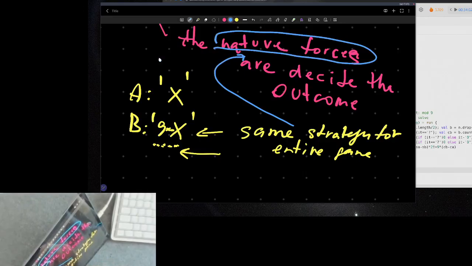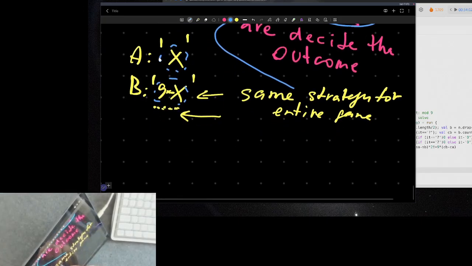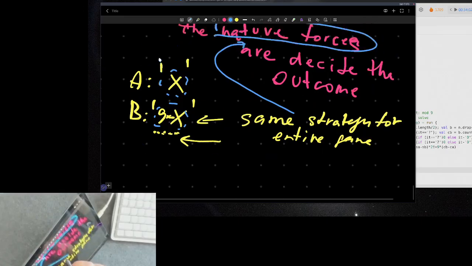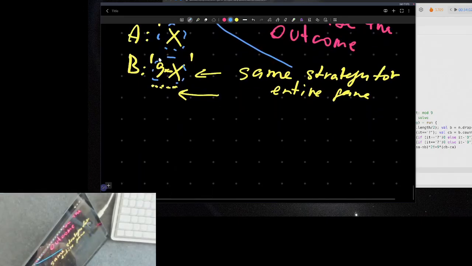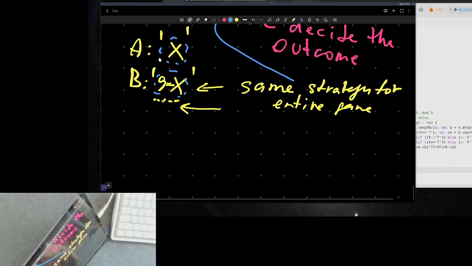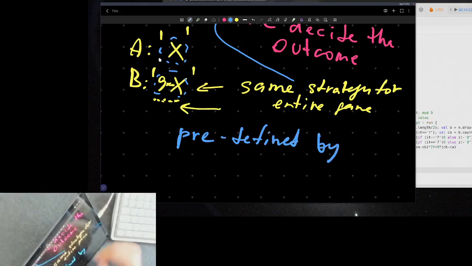Basically, it doesn't matter what Alice plays. Bob plays the opposite, and that is where we start to just use the nature forces. Basically, the entire outcome of our game is predefined entirely by initial conditions.